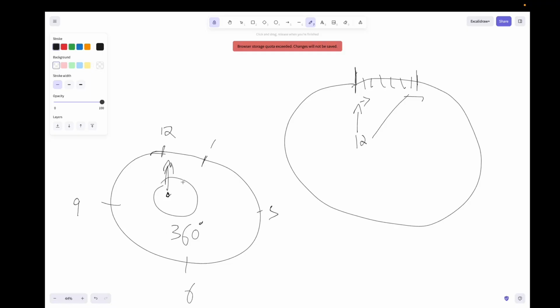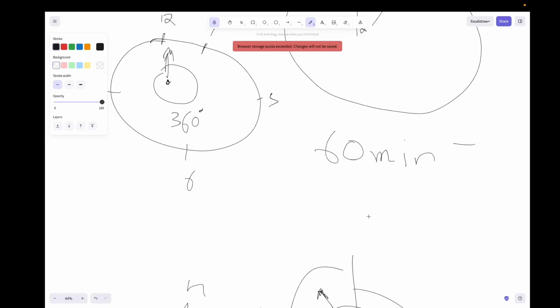So I could think of it as 360 degrees for 60 minutes. For 1 minute we make a 6-degree change in our minute hand.